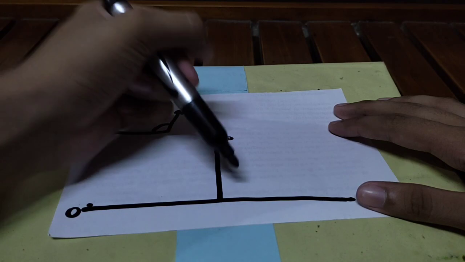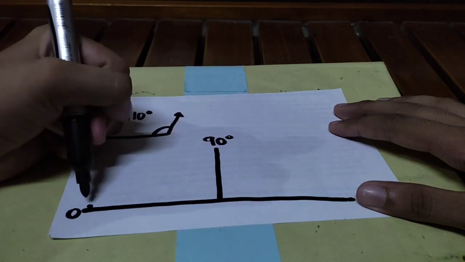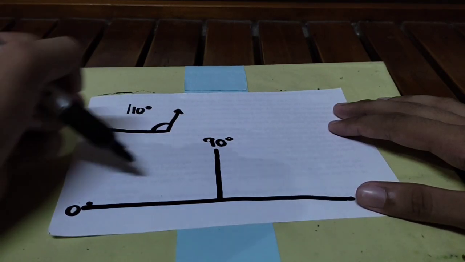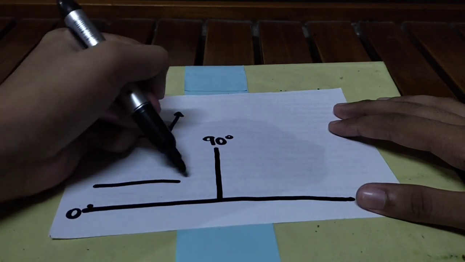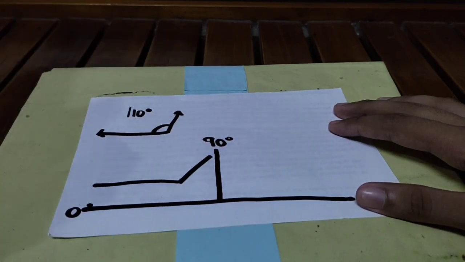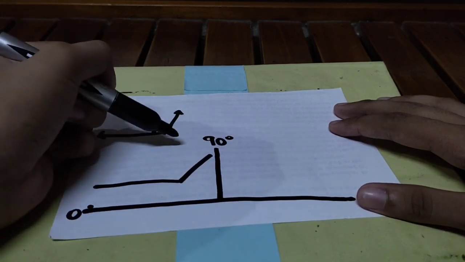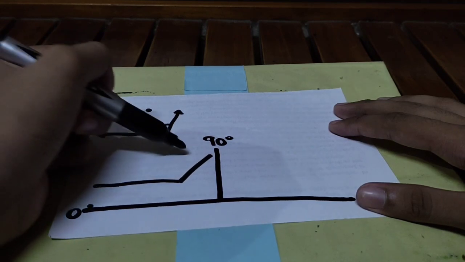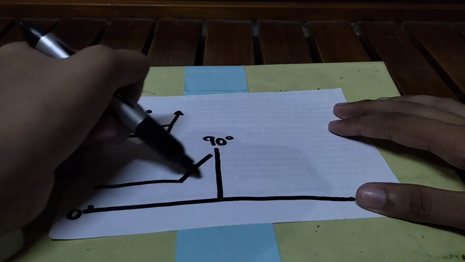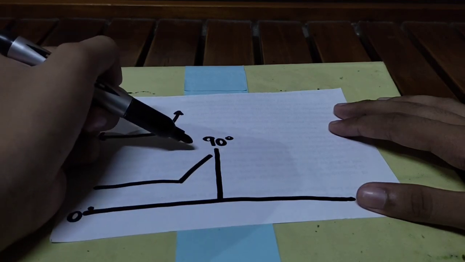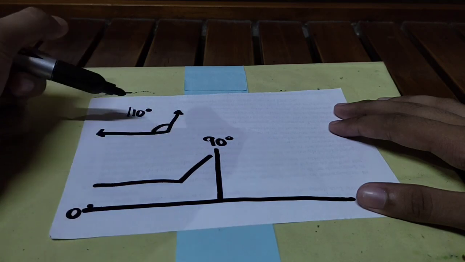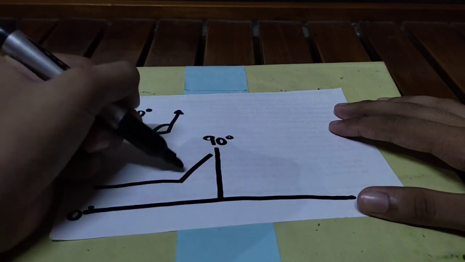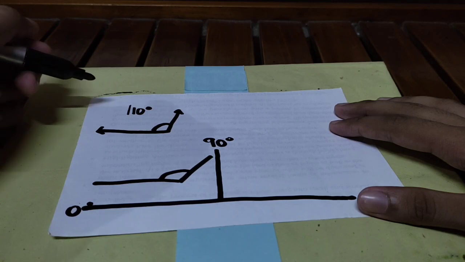Say for example, if we have this angle, since our right angle is formed as the letter L, and this angle here is formed wider than the right angle, this is called an obtuse angle.